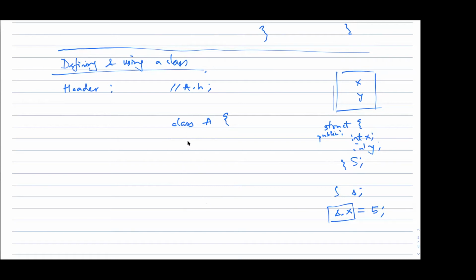So if you do not specify the section, there are 3 kinds of section you can create inside. You can have a private section, a public section, and a protected section. So private is private to the outside world, public is public to the outside world, and protected is accessible by the derived classes only, but again, it is private to the outside world.